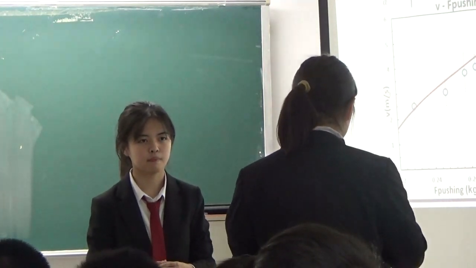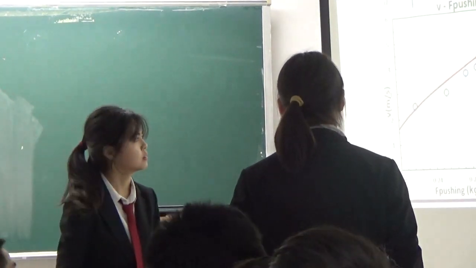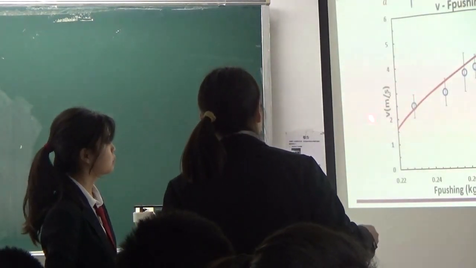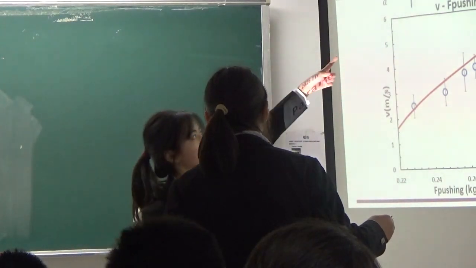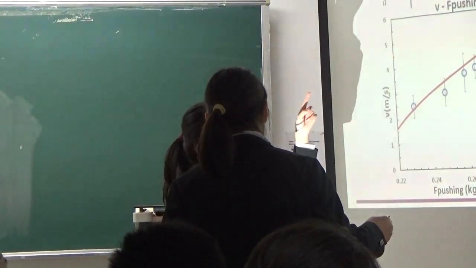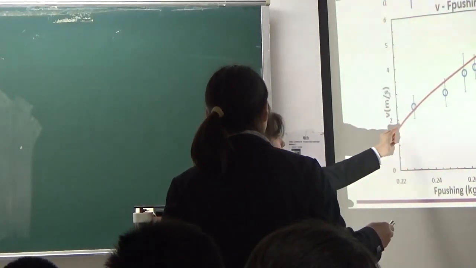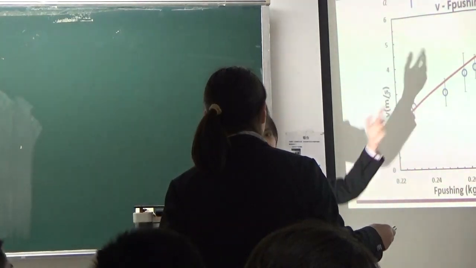Turn to page 18. How did you draw the line? We put our experimental data inside the formula, and then we have a lot of little dots, and we attach them together, and it becomes the theory line.